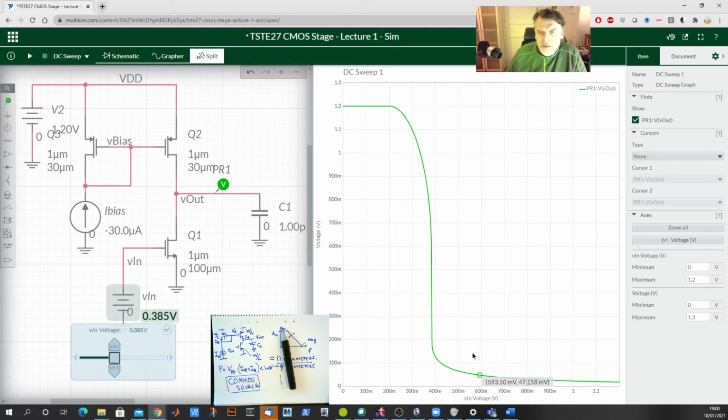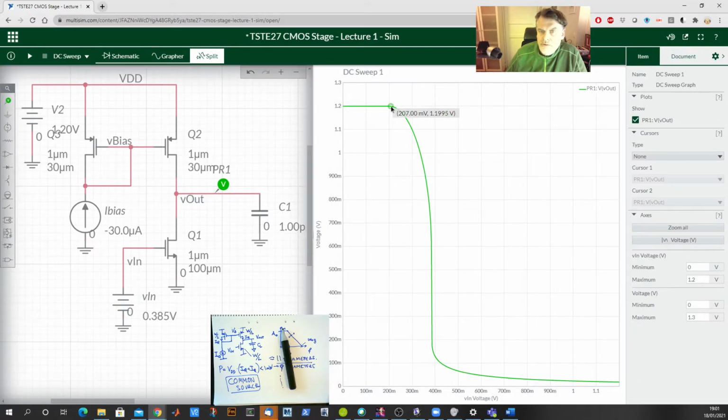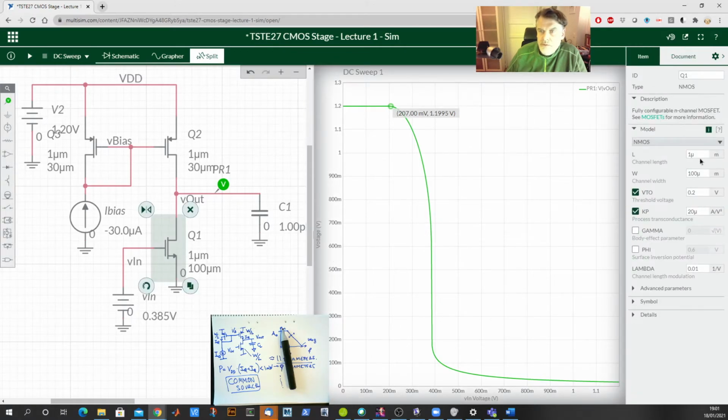And there are a couple of mechanisms. In the lecture we sketched this curve, and we could see, for example, that when we are below the threshold voltage, the transistor is turned off and the output is pulled high towards VDD, up till the threshold voltage, 200 millivolts in this case. And if we look at the transistor, I've actually also set the threshold voltage to 200 millivolts, so that makes sense.